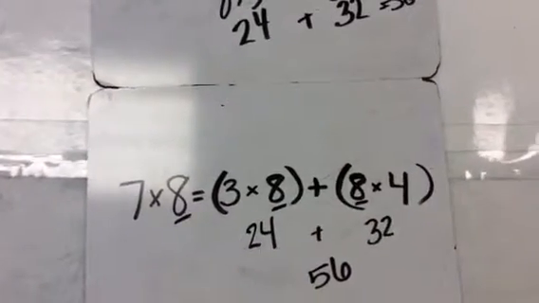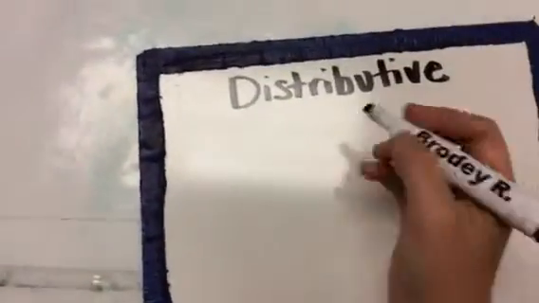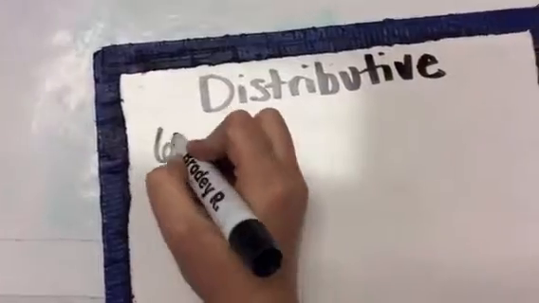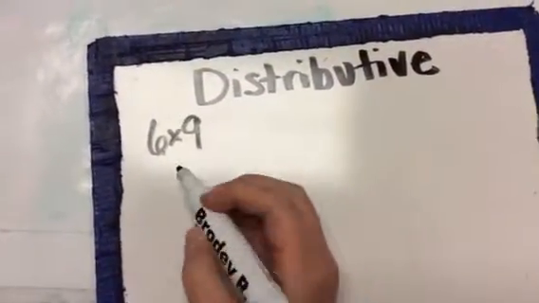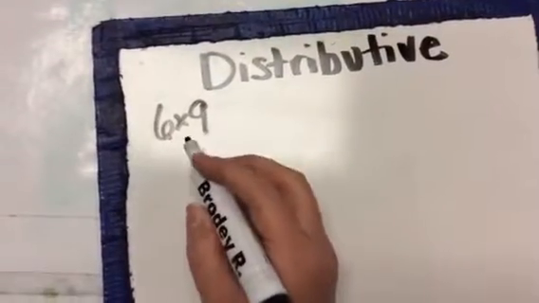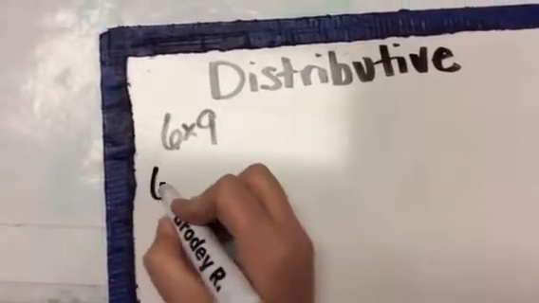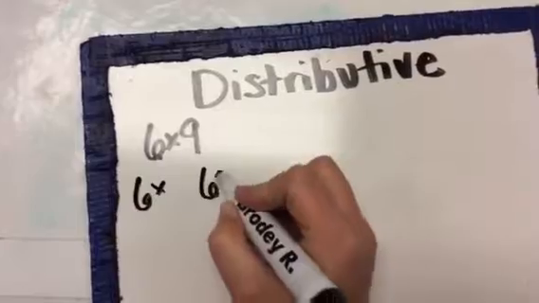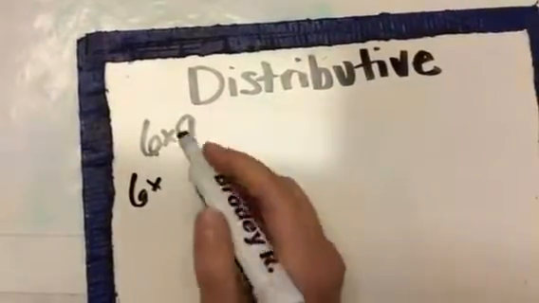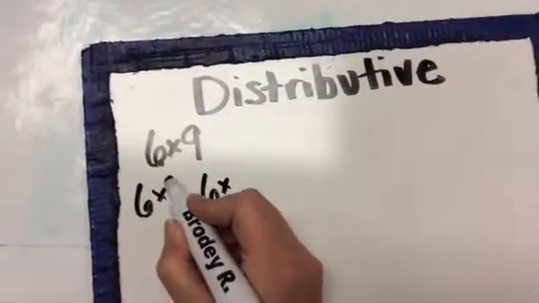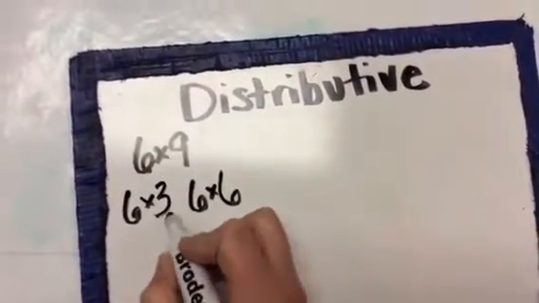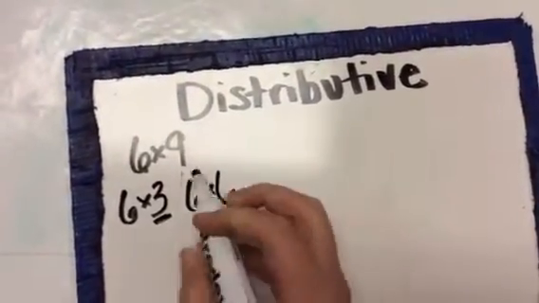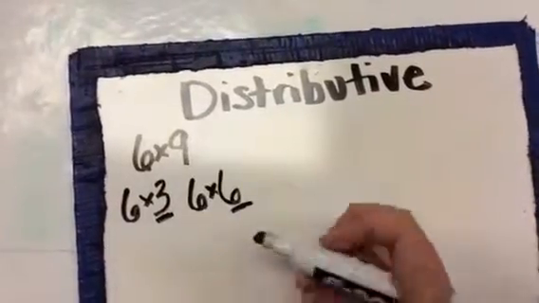All right, let's do an example over here on this whiteboard. Let me find a new example. I'll do 6 times 9. So let's split up a number. I'm going to split up the 9. I'll keep the 6 the same. I'll split up the 9 into 3 and 6, because 6, 7, 8, 9 will get me that 9.